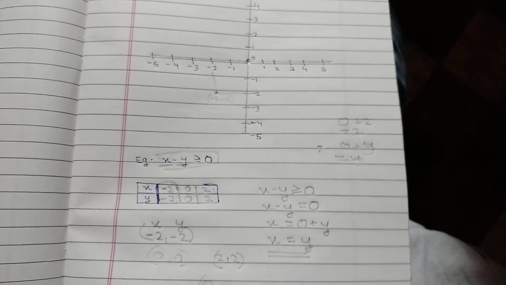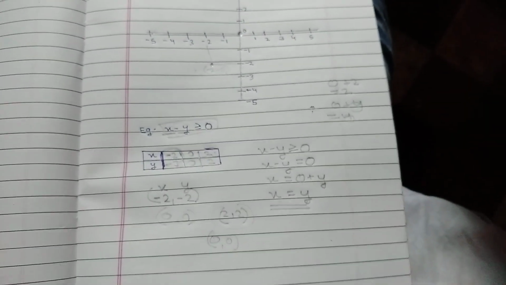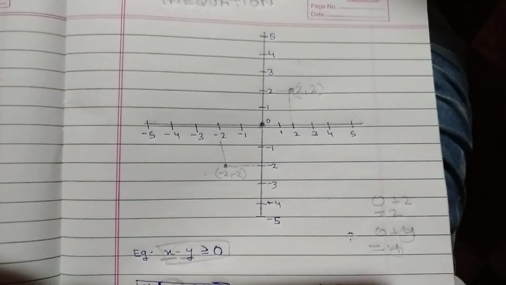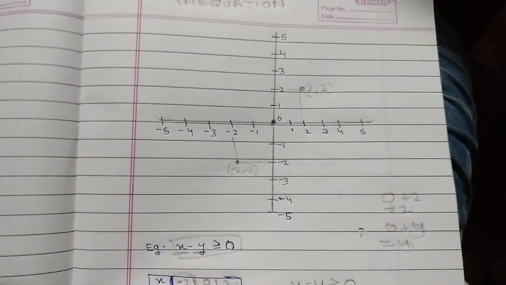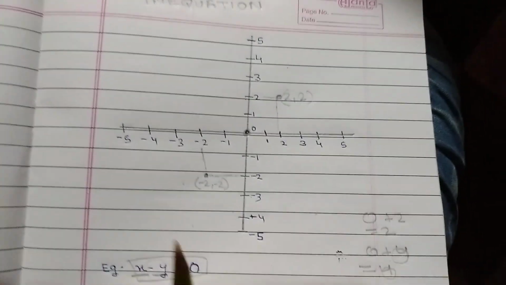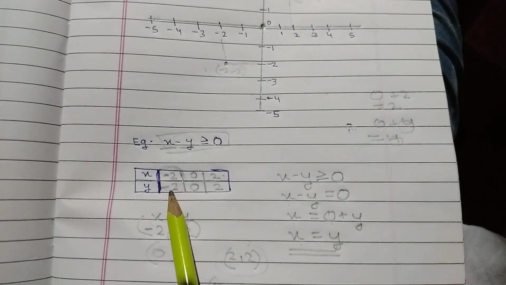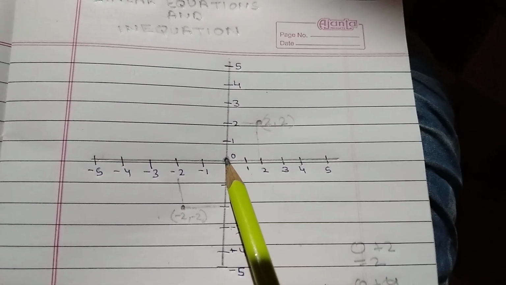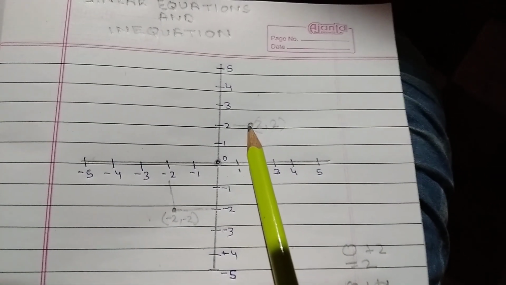Now we need to graph this point on this graph. So we have represented the point having coordinates 2, 2 on the graph. So after representing all three coordinates, we get 3 points. The first one is here, the second one is on the origin, and the third one is here.